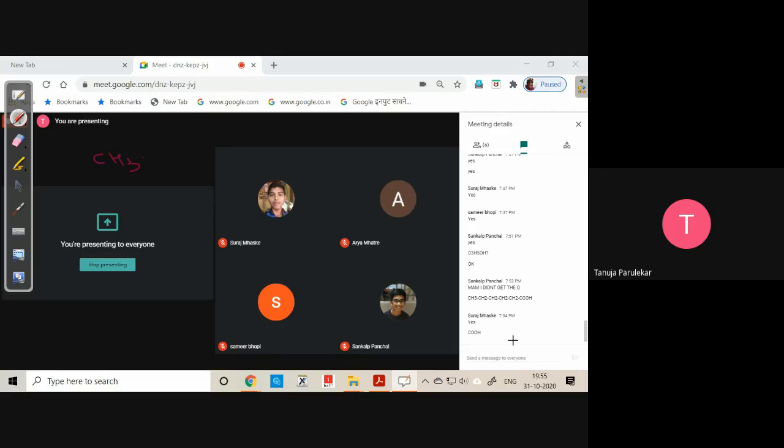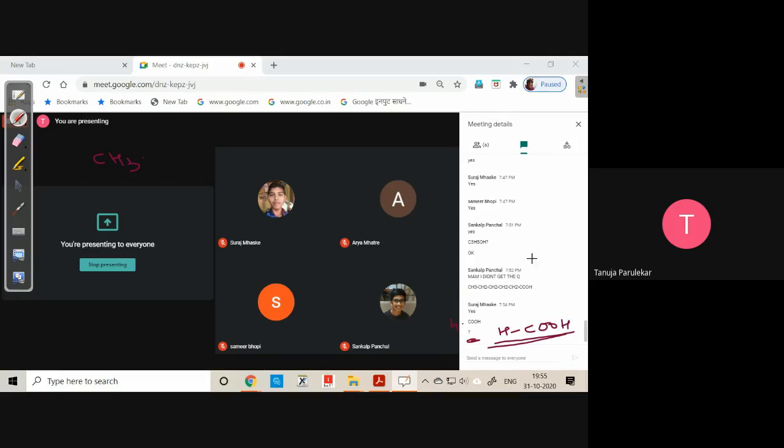Yes, COOH is written correctly, but you should be writing HCOOH. This is the first one. This is formic acid. So here you need an H in front. Because look, the starting material was this, right?